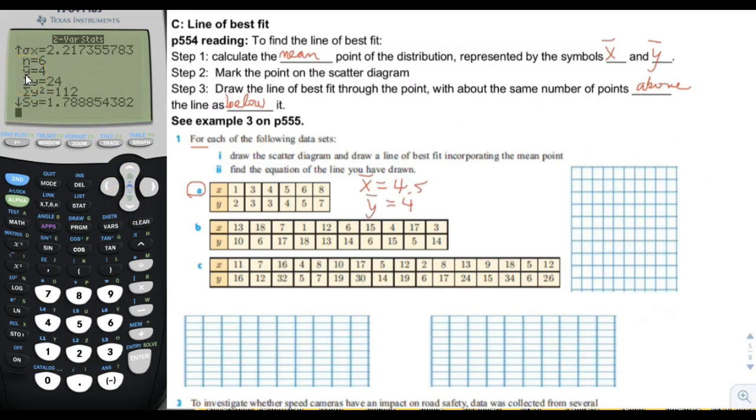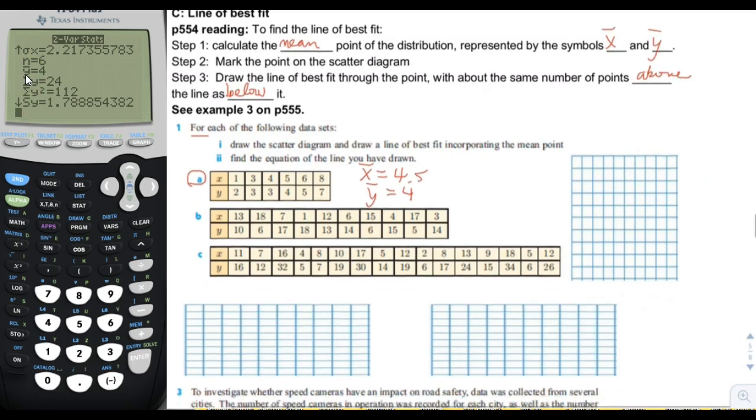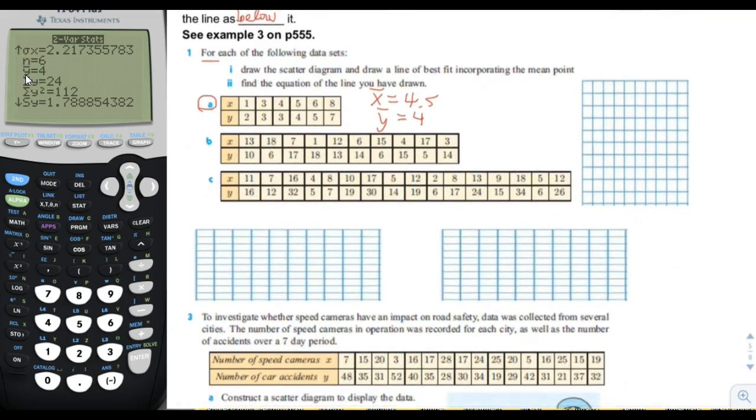Okay, so I am going to put this graph here. So let's see, 1, 2, 3, 4, 5, 6, 7, 8, 9, 10. 1, 2, 3, 4, 5, 6, 7, 8, 9, 10. So my first point is 1, 2. Second point is 3, 3.